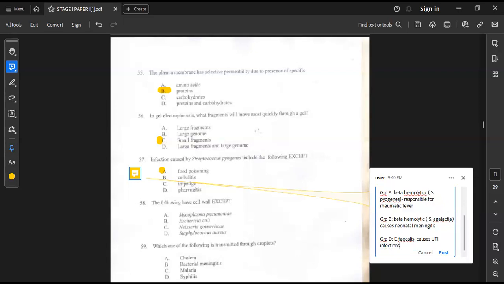Also, we have the viridans streptococci that cause infective endocarditis.